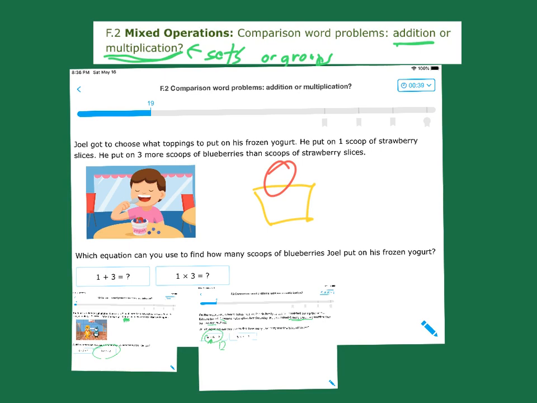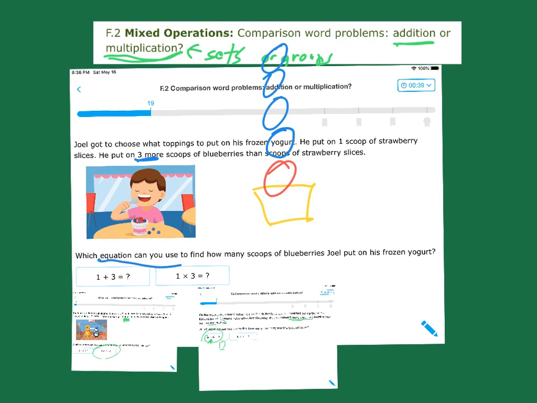Now he gets 3 more scoops of blueberries than scoops of strawberry slices. So in this case, he's going to have 3 more blueberries. So when we do this, he will have the same number of scoops, and then he has 3 more of blueberries. So 1, 2, 3. And this is how many scoops he has.